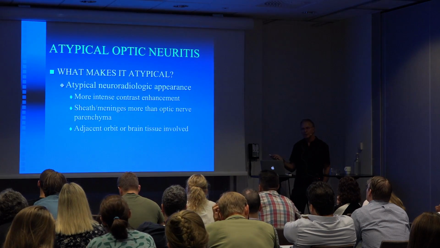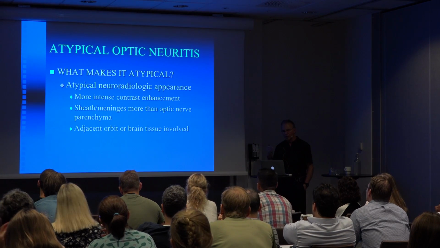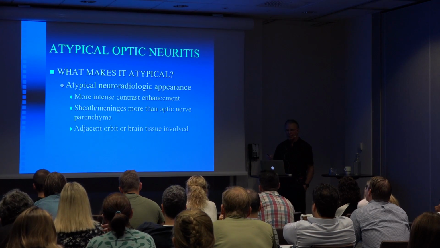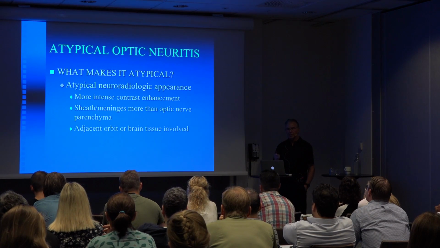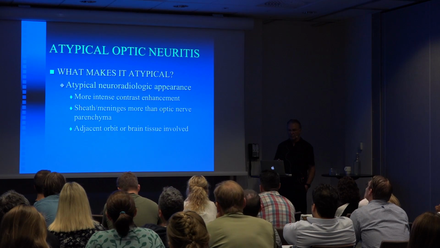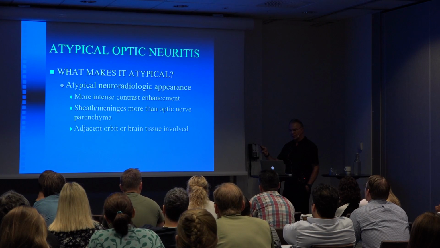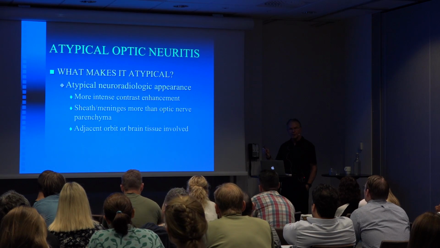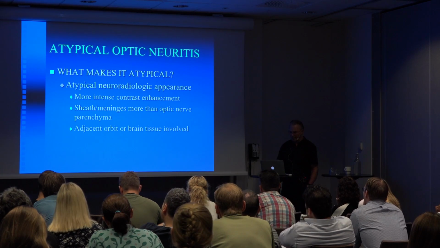And the way that it looks on MRI imaging also makes a difference. So, as I mentioned earlier, more intense contrast enhancement. If the sheath is more involved than the nerve itself, it may point to something else like an optic nerve perineuritis, a different cause for that inflammation. Or if the adjacent orbit is involved with inflammatory tissue, that might be orbital inflammatory disease rather than optic neuritis.